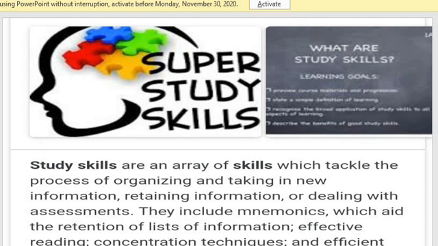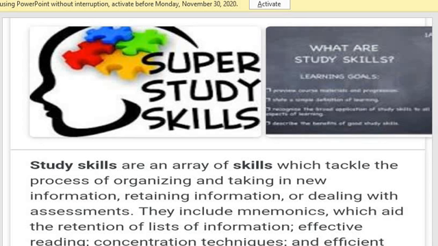So what is the definition of study skills? As we have already discussed in the class, study skills are an array of skills which tackle the process of organizing and taking in new information, retaining information and dealing with assessments. They include mnemonics, which aid the retention of lists of information, effective reading, concentration techniques, and efficient.